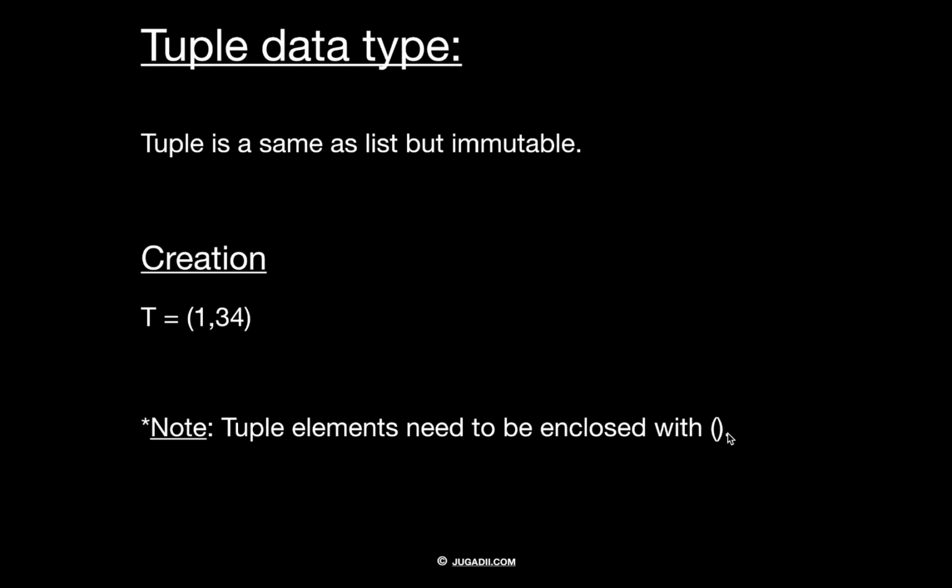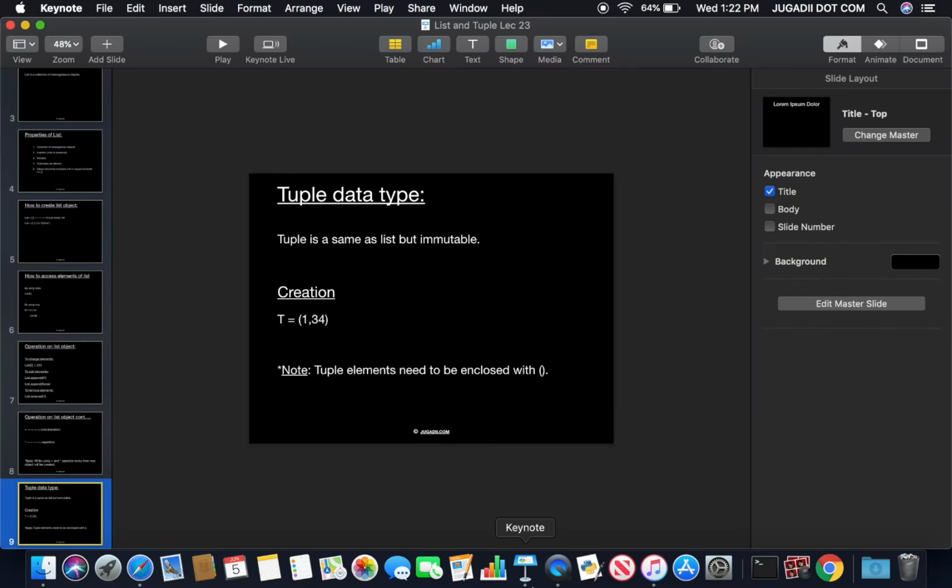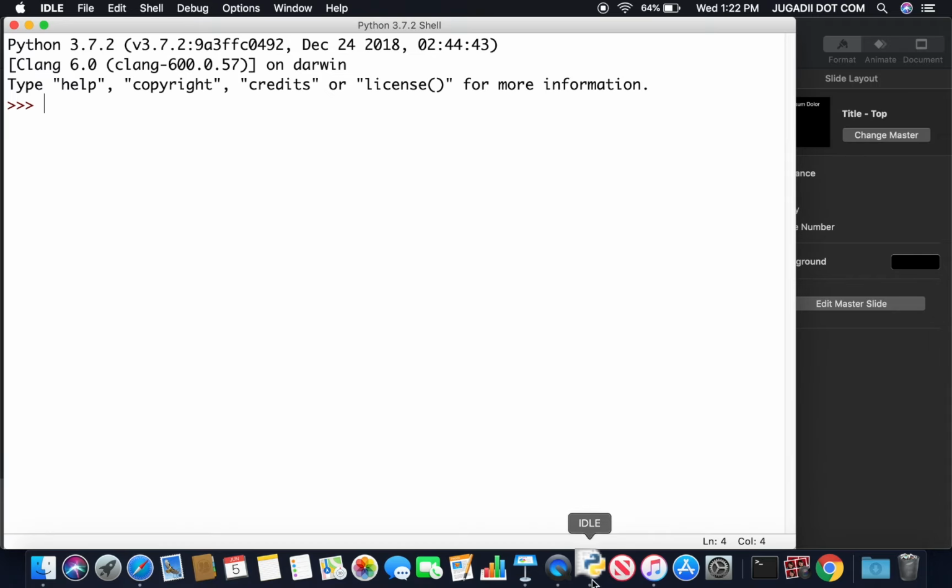Okay, I will show you an example of a tuple. Let us say t equals 1, 2. Now if I use the index operator here to access the elements, I can access them from both positive and negative indexes.